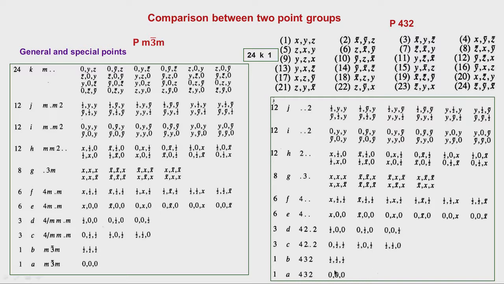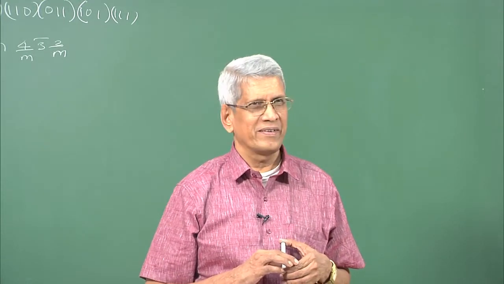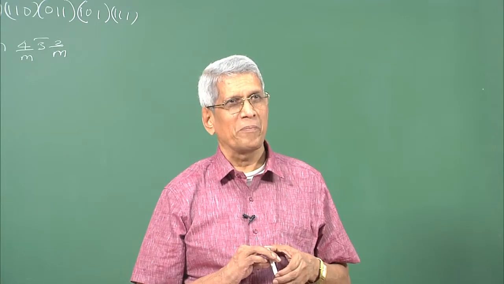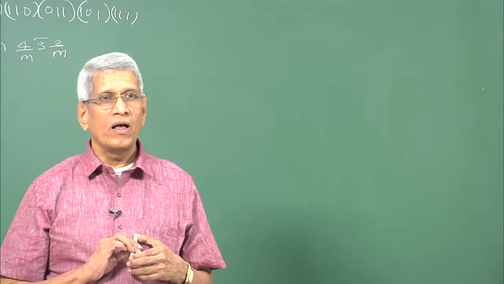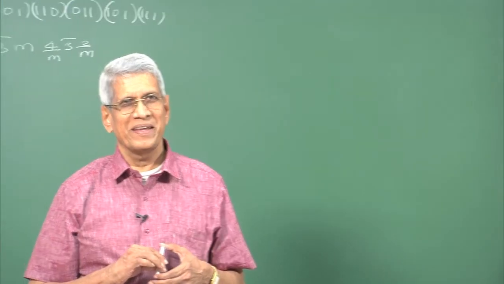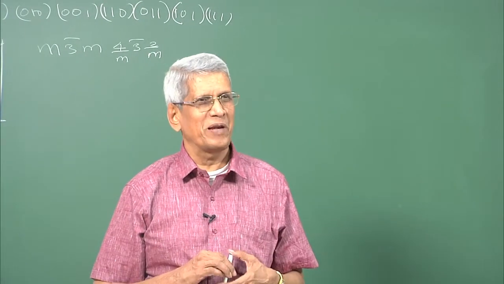Then if I place it in the simple cube at the 0 0 0 position, what is the symmetry the crystal will have? 432 or Pm3̄m? Both of the symmetry elements will be there. But which has the maximum symmetry elements? m3̄m. So that symmetry it will exhibit.